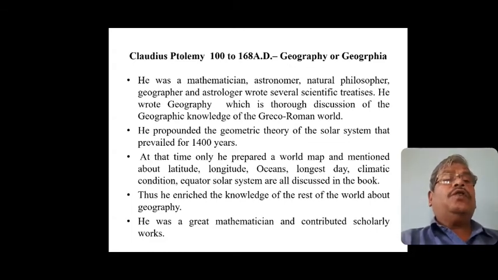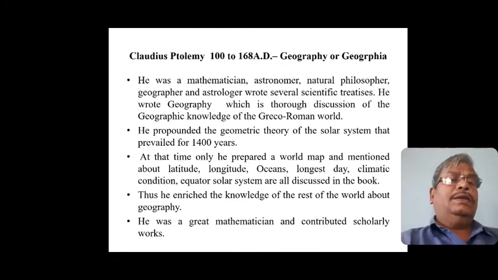It was he who propounded the geometric theory of the solar system that prevailed for 1400 years. He prepared a world map in ancient times, in which he mentioned latitude, longitude, oceans, longest day, climatic condition, equator, and solar system.